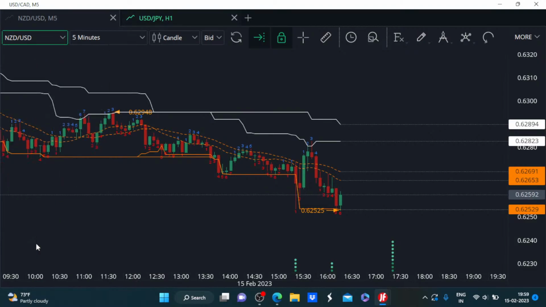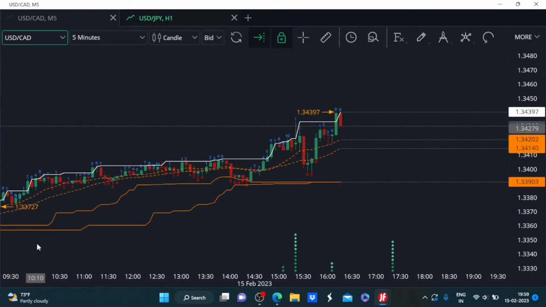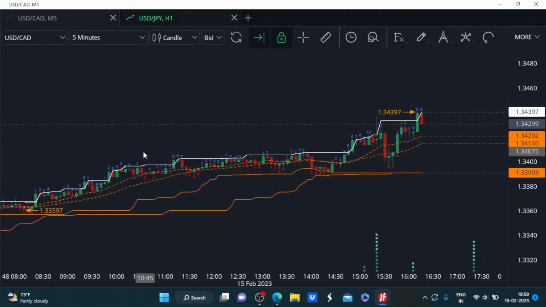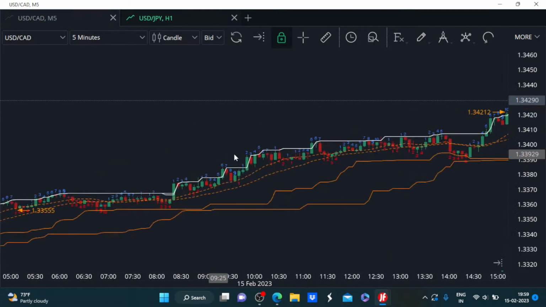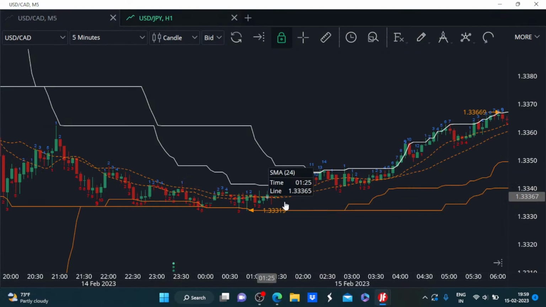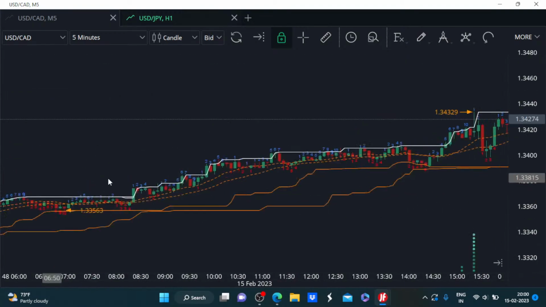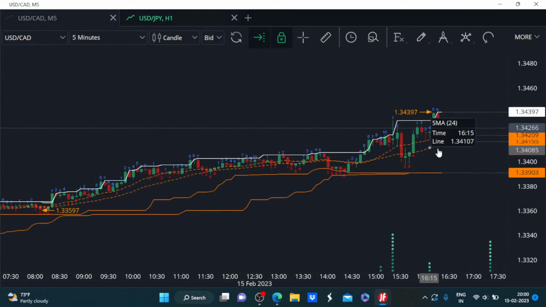Now we will have to invert the scales and consider the price formation for USDCAD and USDCHF. Here also the dollar is dominating the horizon, and if we look at the USDCAD's rise, the low was made at 1.333, and from there we have almost 100 pips appreciation for the USDCAD in today's session.